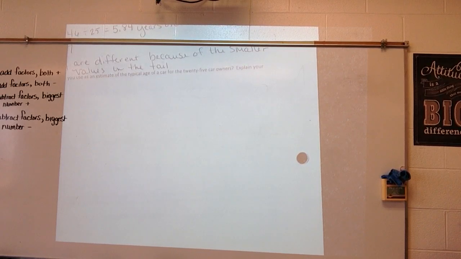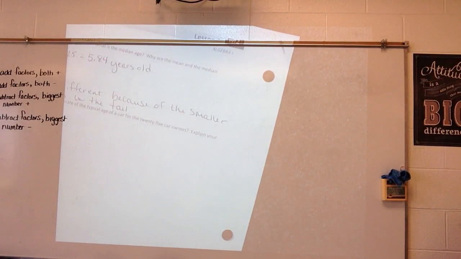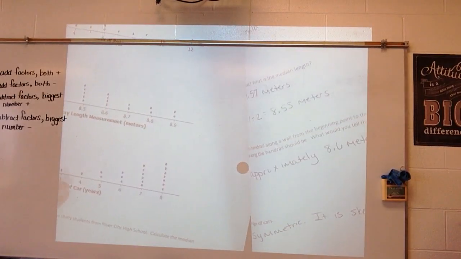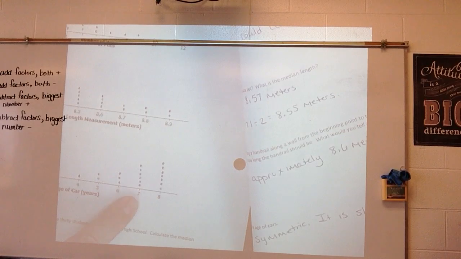What number would you use as the estimate of the typical age of a car for the 25 car owners? And explain your answer. Well, guys, going back here, if I look at my mean is 5, and then my median is 7.